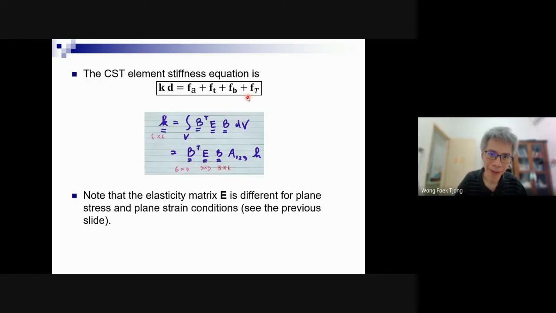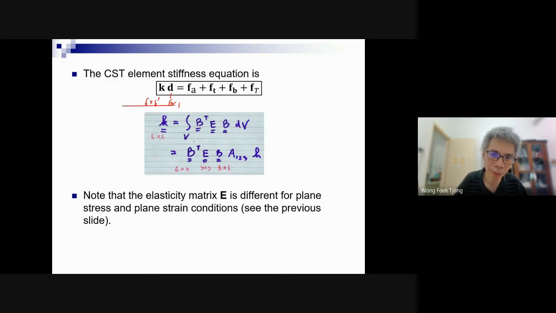Let's go further with the stiffness matrix. What is the size of the stiffness matrix? Because the element has 6 displacement components, this d will be 6 by 1, and this K is 6 by 6.